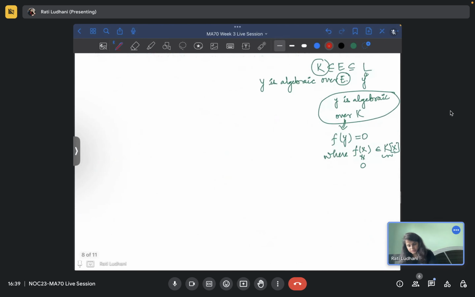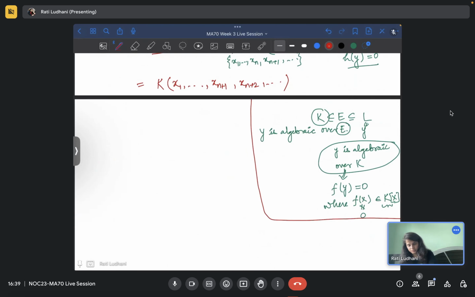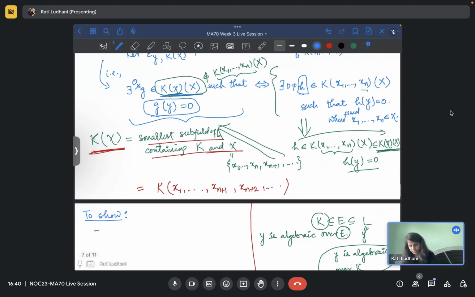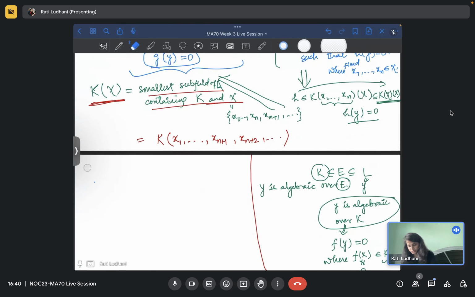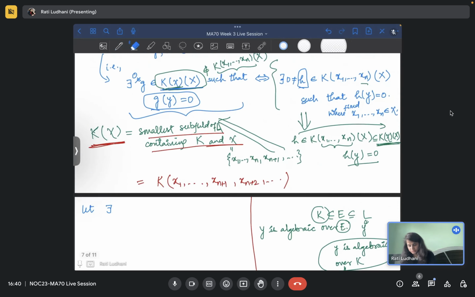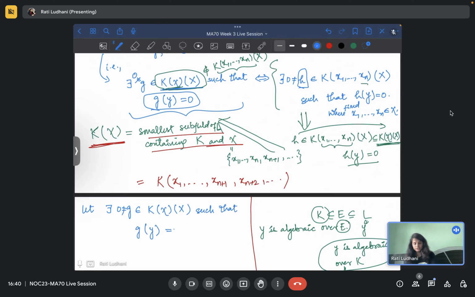Other side means to show: let's assume there exists a non-zero polynomial G in k(χ)[x] such that G of y is equal to 0. Let's assume this information.